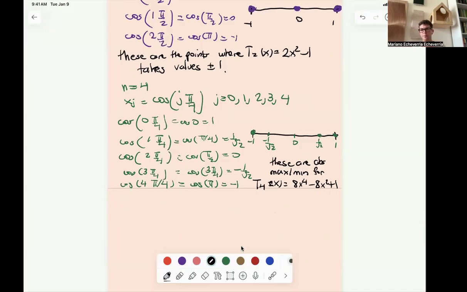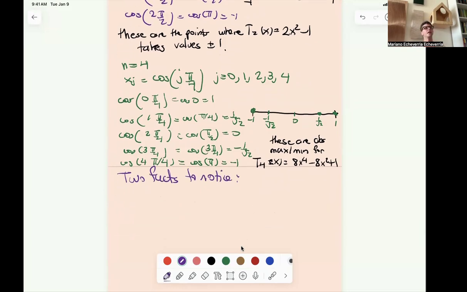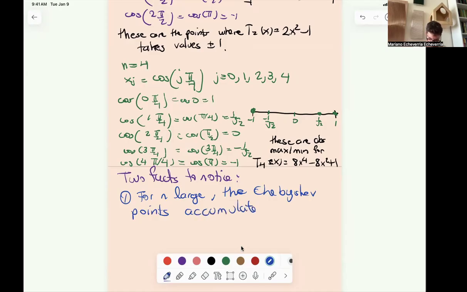So, the two facts that I want to mention here, and I'm almost done. The first one is that when n is large, and it happens pretty quickly as you can see, the Chebyshev points accumulate near ±1.